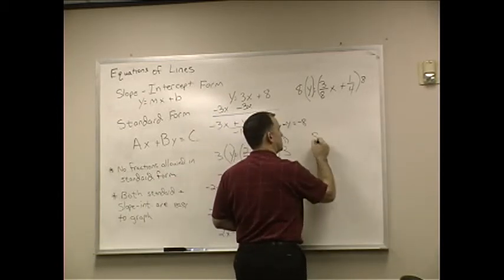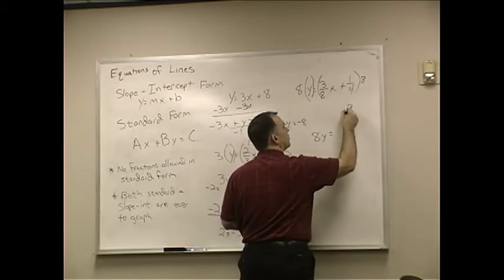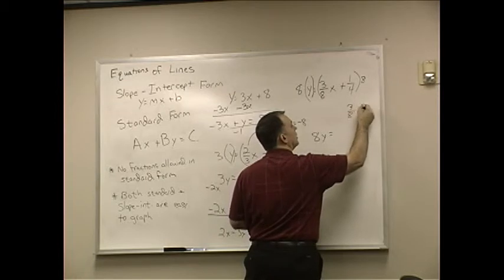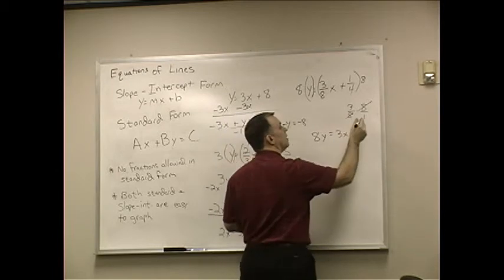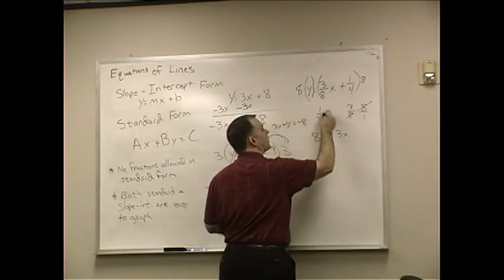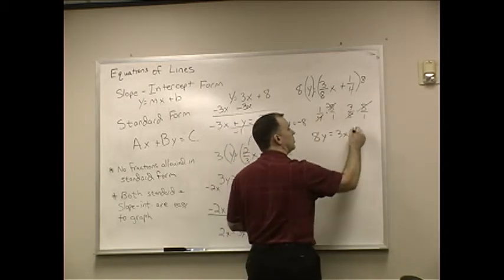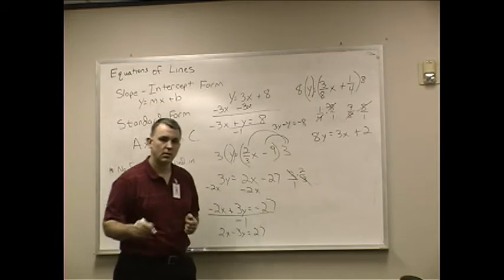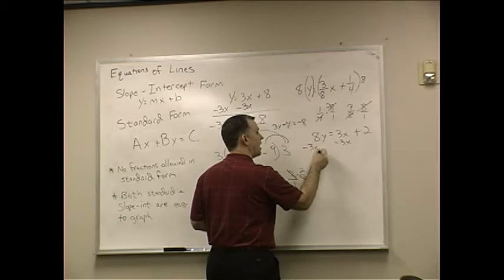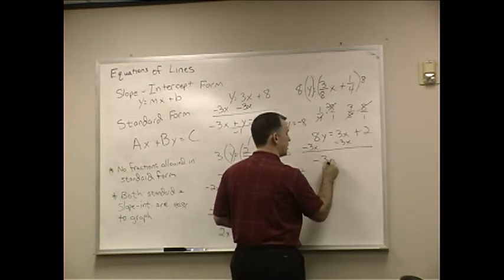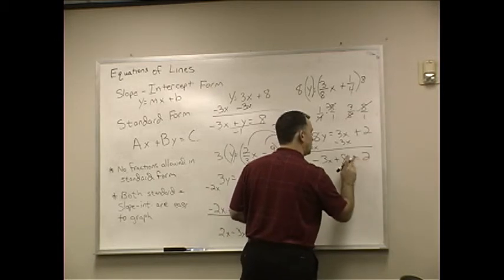So that gives me 8y equals, so now I've got to do 3/8 times 8 over 1, the 8's cancel, 3x, and I have to do 1/4 times 8 over 1, the 4 cancels, leaves a 2, plus 2. And last but not least, minus 3x to both sides: -3x + 8y = 2.